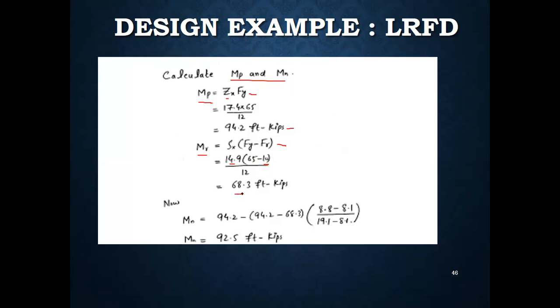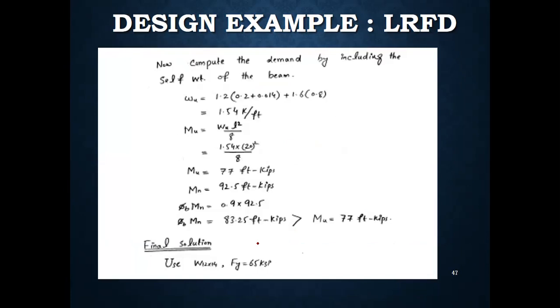It comes out to be 68.3 kip-ft. Once we put this value into the equation of the nominal moment, the resultant moment comes out to be 92.5 kip-ft.